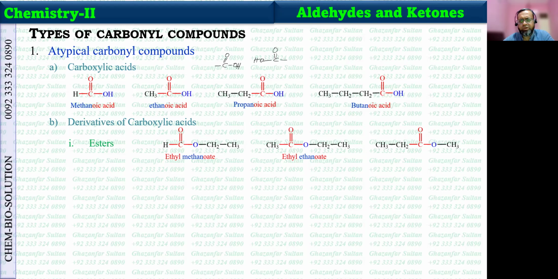Here it is only one carbon atom, and here two carbon atoms are a group single-bonded to this oxygen. This is also called the alkoxy group. So ethyl methanoate. Similarly, it is also ethyl, so ethyl ethanoate, because there are two carbon atoms in the basic chain.